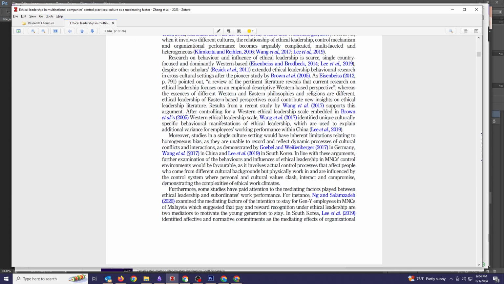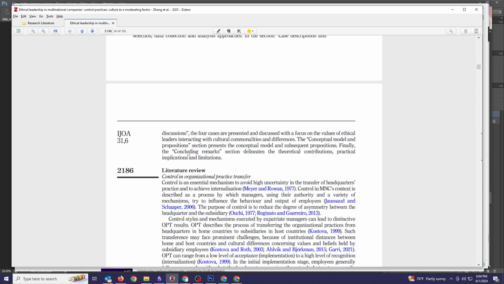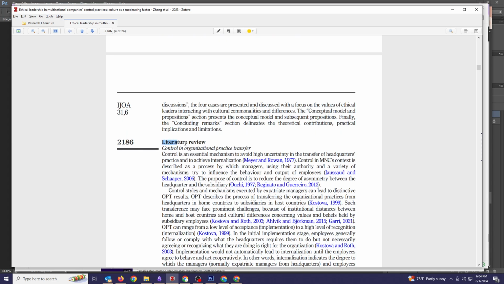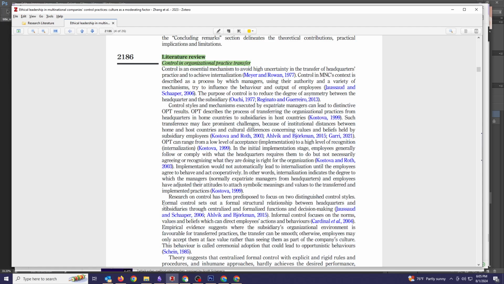As I scroll through, one of the things that will catch my attention is that this research was done based on a literature review as opposed to, I guess, an experiment of some sort. A subheading here, control and organizational practice transfer. I recognize that phrase from the abstract, and it was something that I had included in my description.